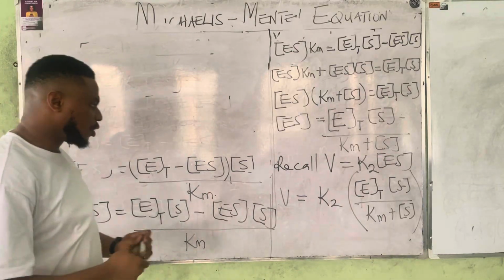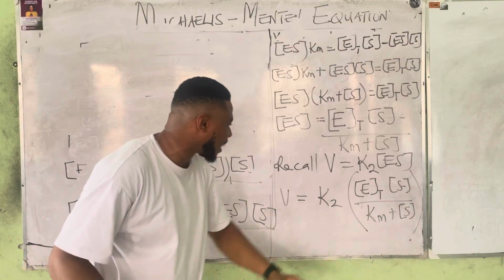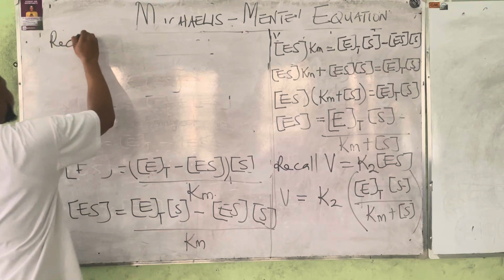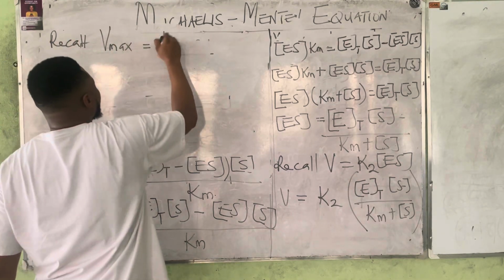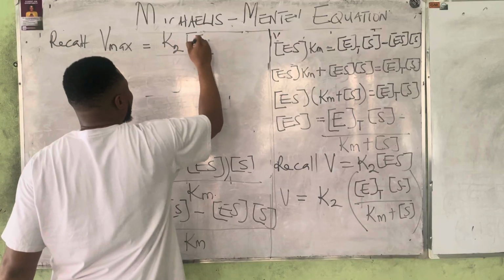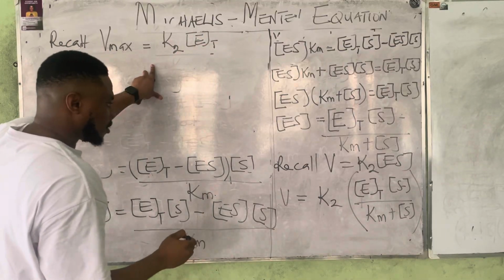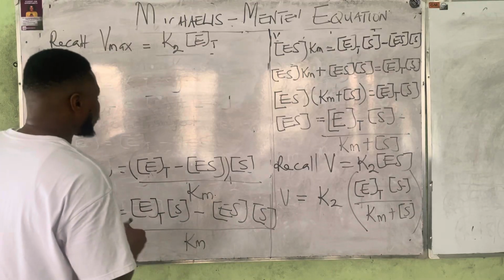Alright, so now look at this guy. So V is equals to K2 times this. So now recall that Vmax is equals to K2 ET, right? K2 ET. Is it not? Is it not? Good. Vmax is K2 ET.